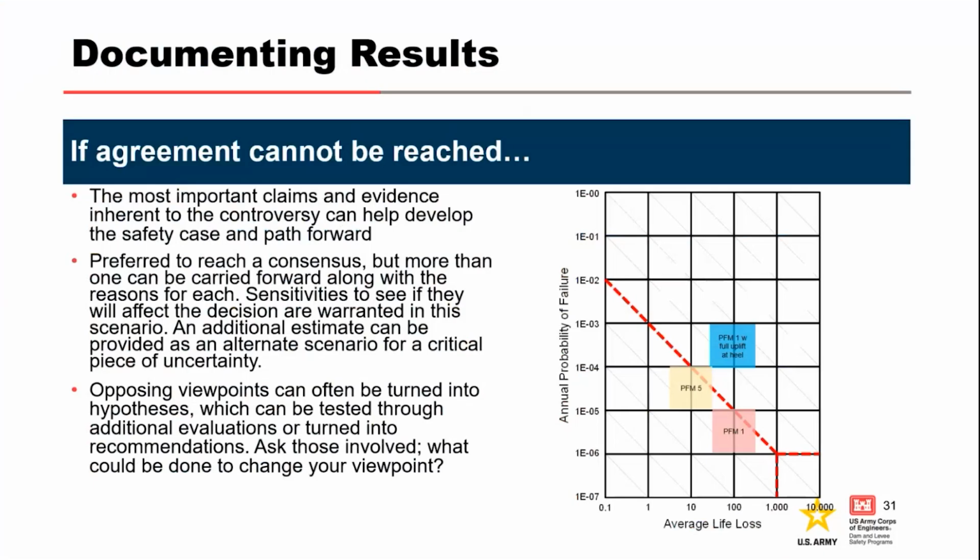And so if that happens, there's nothing wrong with going to your vertical team or to your stakeholders with a chart like this, where for PFM1, we think it's going to land where the pink box is, but if we're wrong about our assumption of the uplift, then it's going to be like 2 orders higher, right? So it's a situation where you could easily come up with some recommendations to go figure that out.